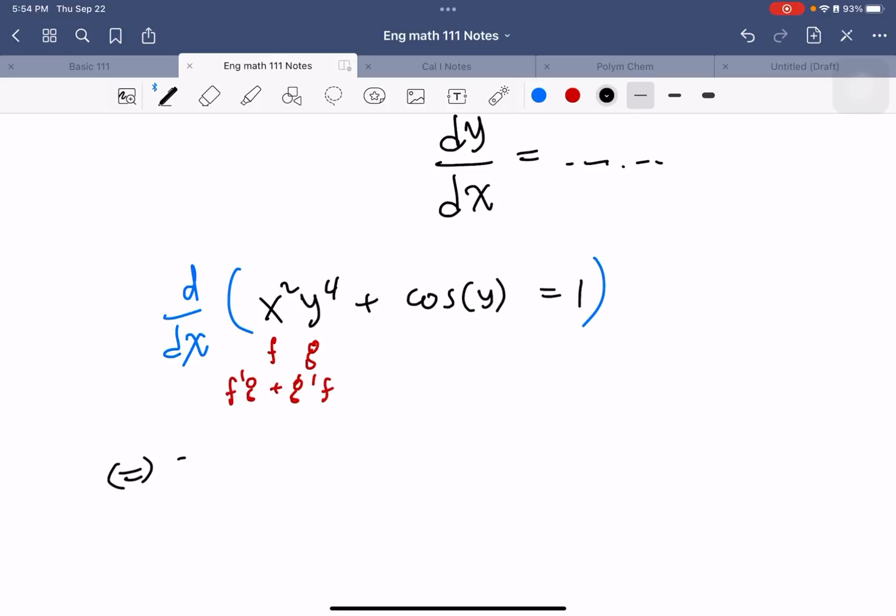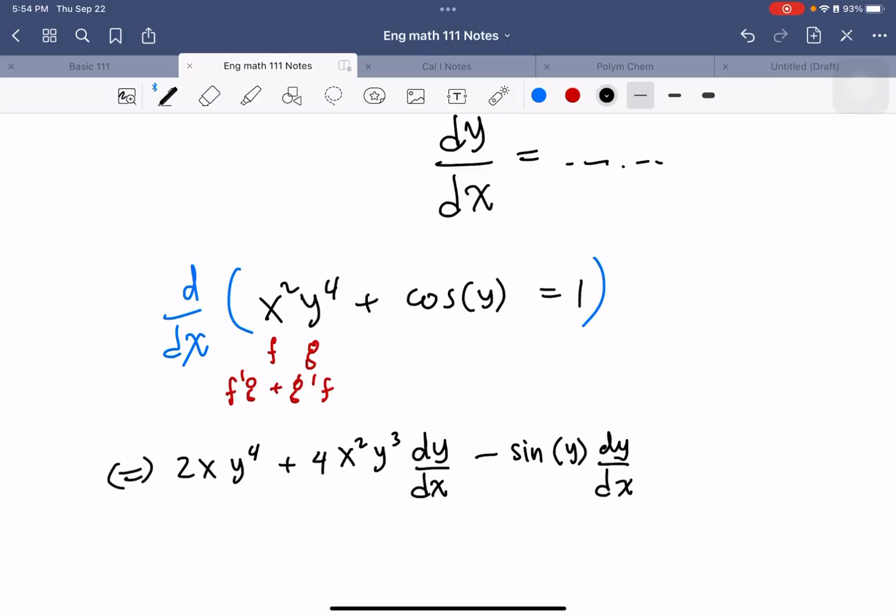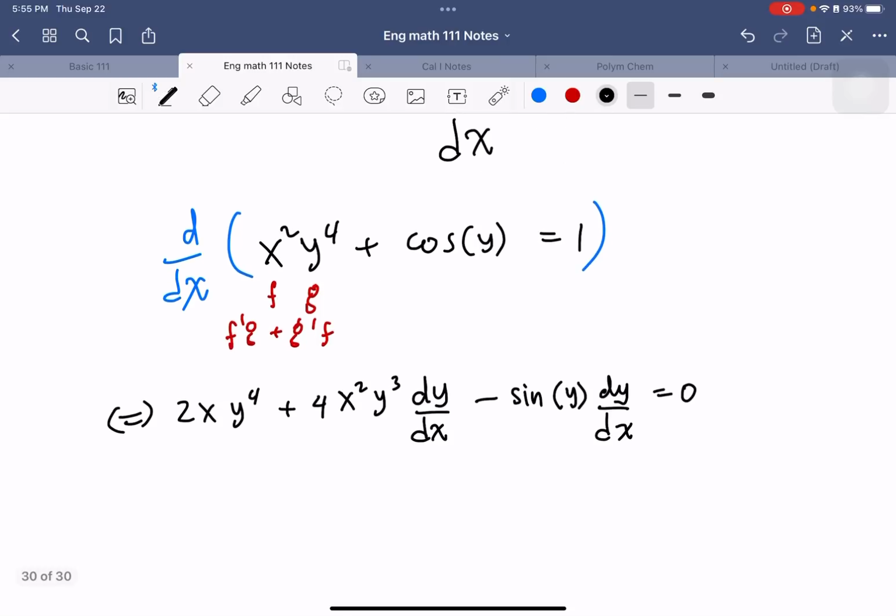So we will have, let's start from 2xy power of 4. And then the other part will be 4y, but I will write x squared first, and then y cubed, and don't forget dy over dx if you use implicit. And then for cosine y, we differentiate, it becomes negative sine y, and don't forget dy over dx, and equal to 0. Let's group all the dy over dx here.